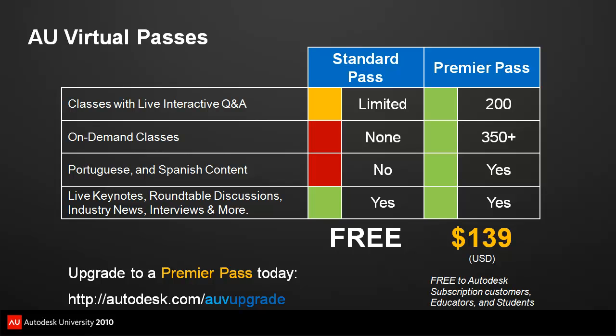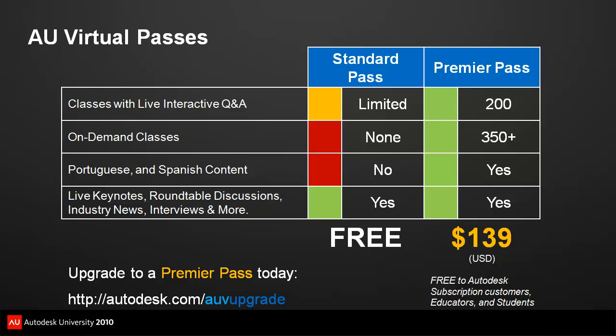Now, we're also very excited to welcome our Portuguese and Spanish-speaking friends to AU Virtual. And new for 2010 are several classes being presented in both Portuguese and Spanish. So our Premier Pass holding Portuguese and Spanish friends will enjoy several classes spoken and presented in their native language.